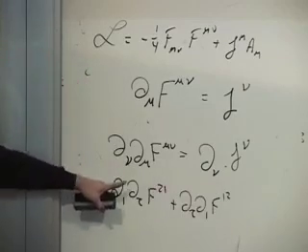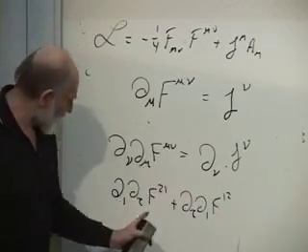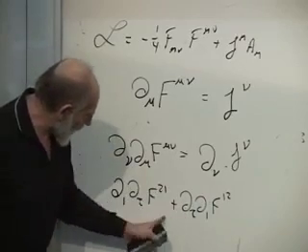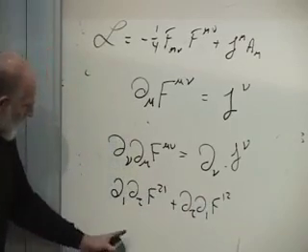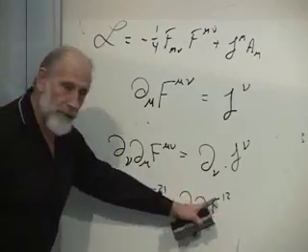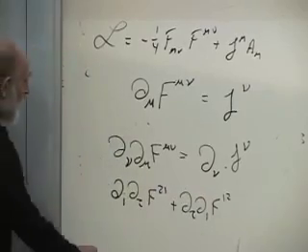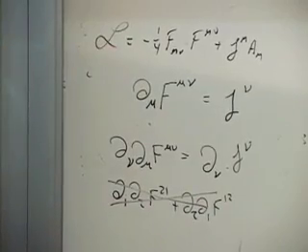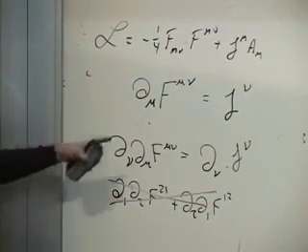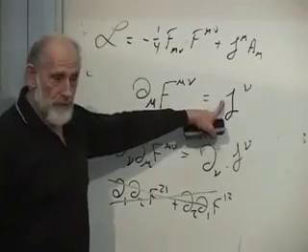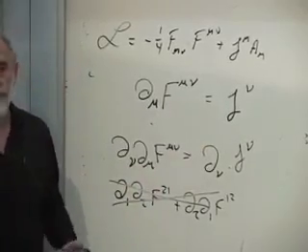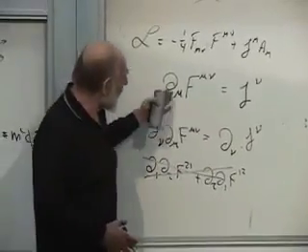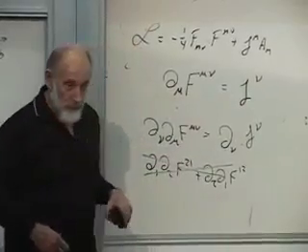These cancel because F12 and F21 are antisymmetric and the second derivatives with respect to 1 and 2 are the same. So we would have discovered right here that the equations of motion for F require that J is conserved. We don't really have the option of not allowing it to be conserved. The equations of motion force it to be conserved.